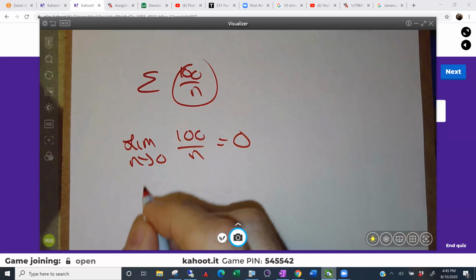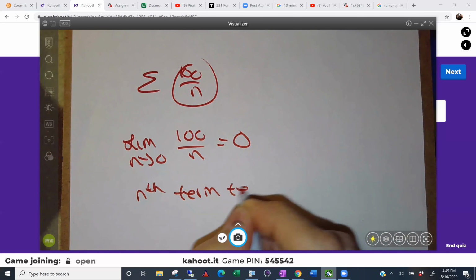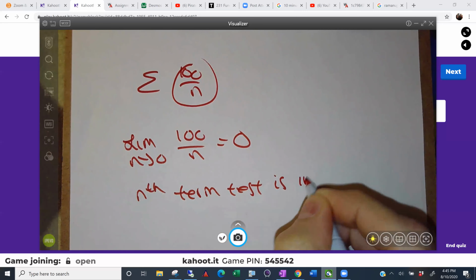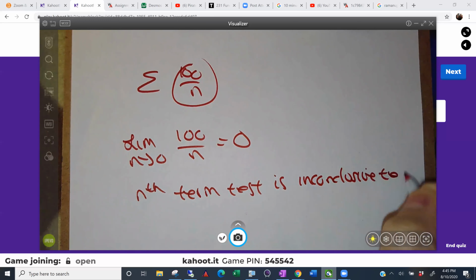But the nth term test is inconclusive for that. So you can't show that it diverges. You can only show, well, let's see. Am I right on that? Oh, I'm getting so confused.